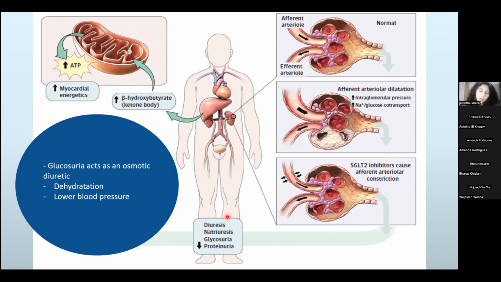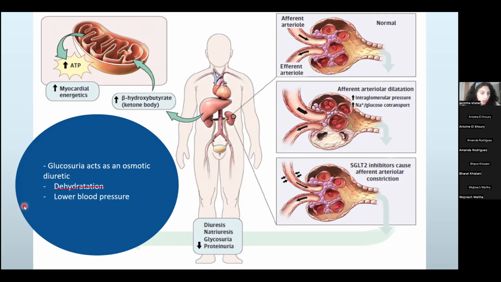And the second thing is that I think you shouldn't use the word dehydration, because this is a pathological movement of water from the extracellular space to the vascular bed and then into the kidney and being lost. So I wouldn't use the word dehydration for this effect of SGLT2 inhibitors. Okay, I understand.